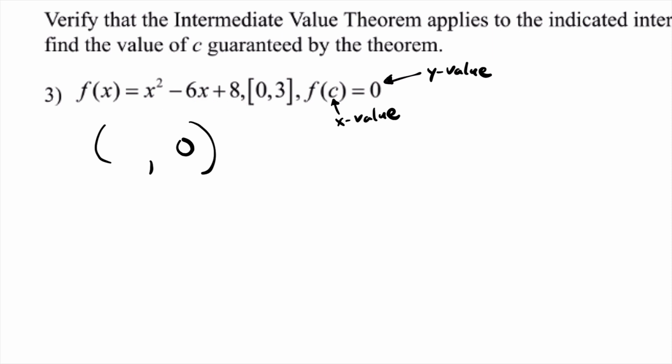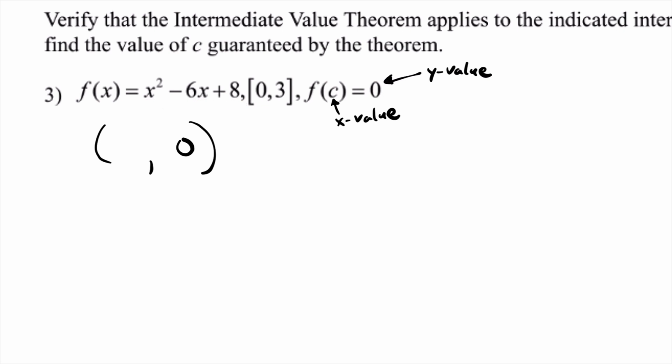Why? Exactly. We know the y value. So if I plug in 0 for x, that's going to tell me a y value. I don't need the y value.